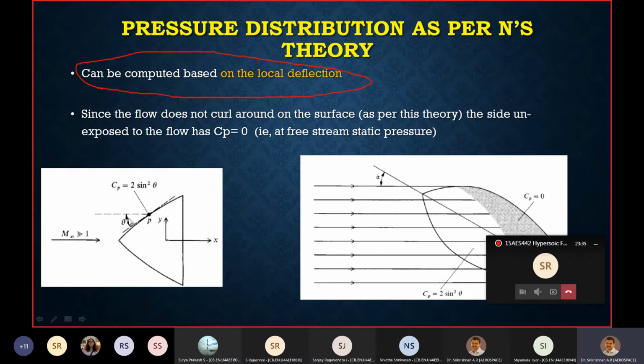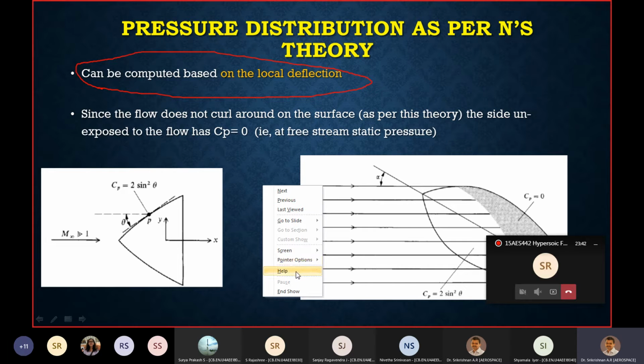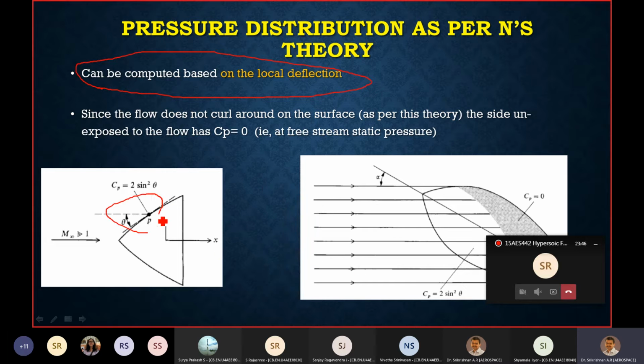So as you can see in this picture, the theta can be measured between the mainstream direction and the tangent at that point. And we can apply it the same way. So in hypersonic flows, we will consider the mainstream direction where the flow is coming with a very high velocity, with a high Mach number, and theta is the local deflection angle.